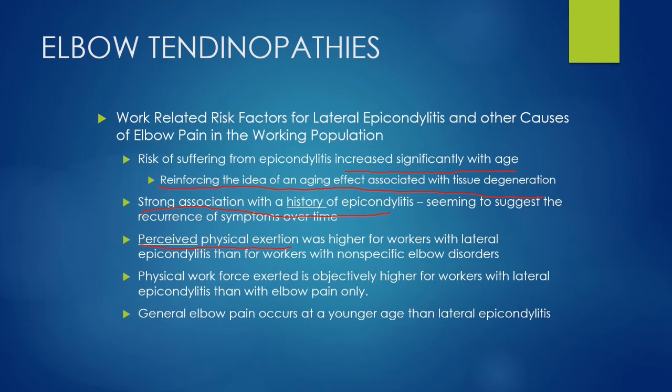And general elbow pain, they found, occurred at a younger age than lateral epicondylitis. So again, reinforcing the idea that lateral epicondylitis involves some age-related degeneration of the common extensor tendon.